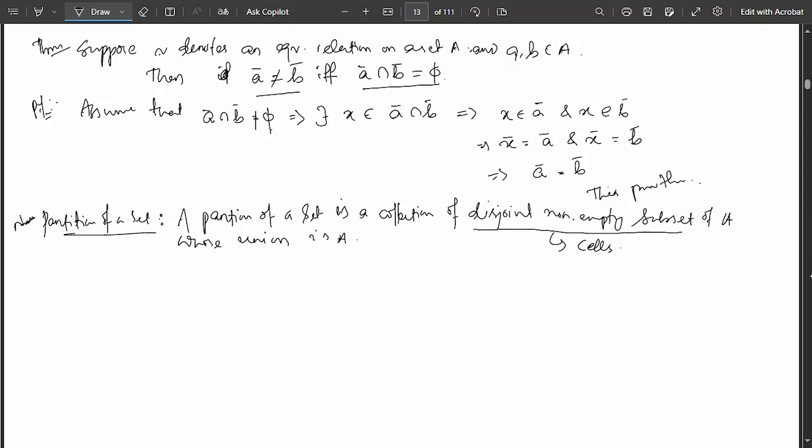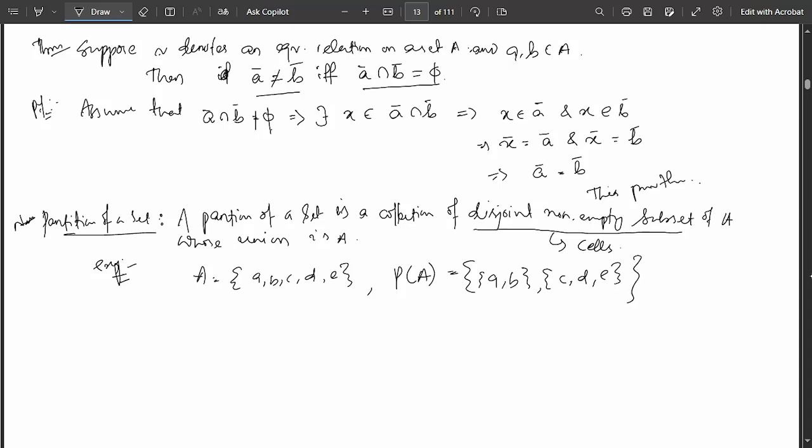Okay. For example, suppose I have a set A, B, C, D, E. Then I have a partition of A as {A, B}, {C, D, E}.